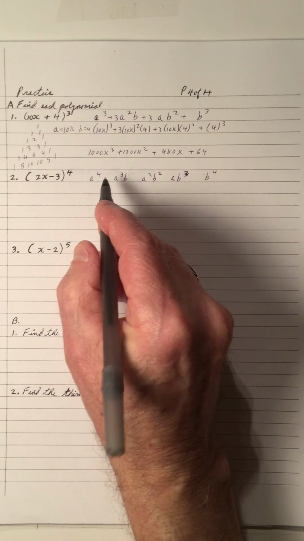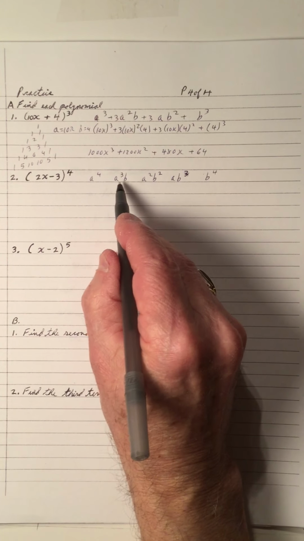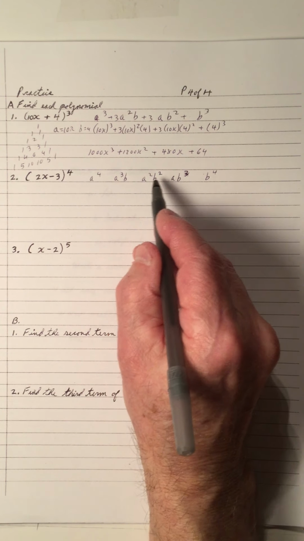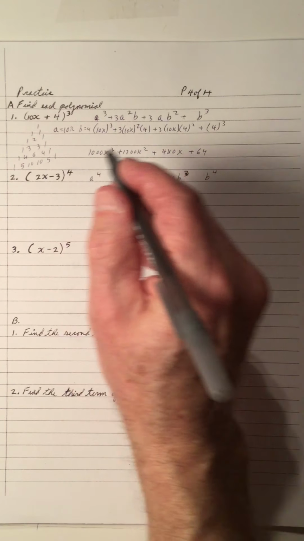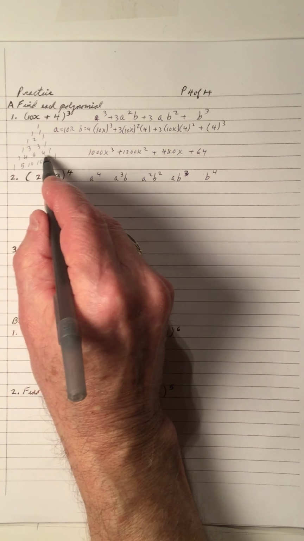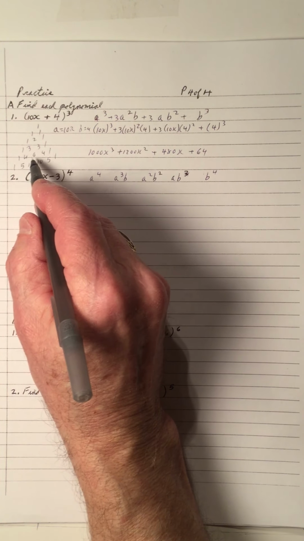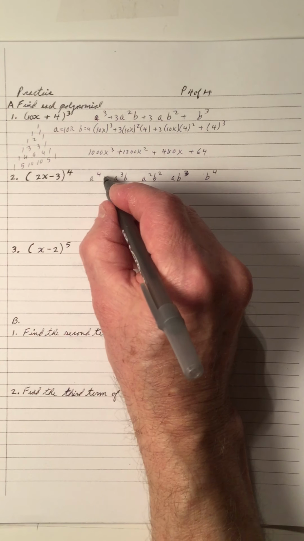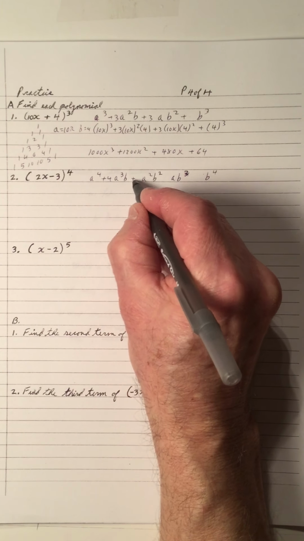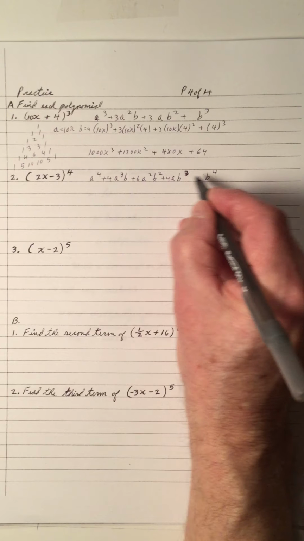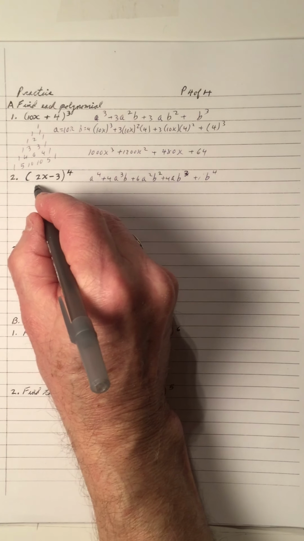So remember, it starts with a 4 and ends with a 4, so be careful. A goes down by 1, and the b goes up. And the fourth power, the numerical coefficients are 1, 4, 6, 4, 1.